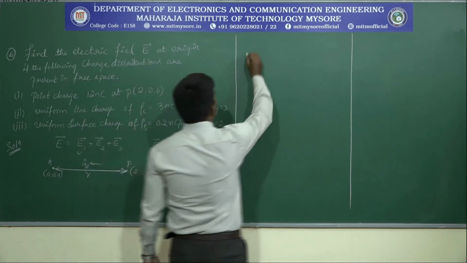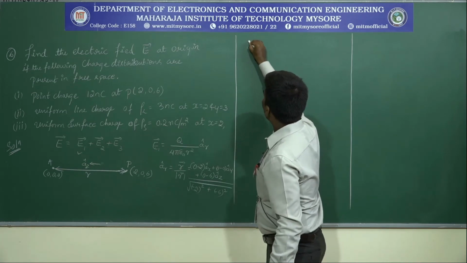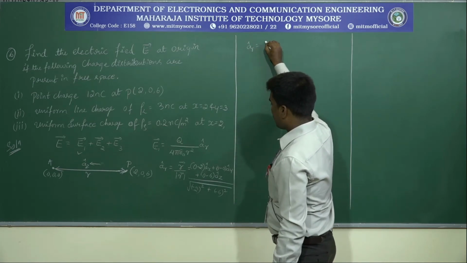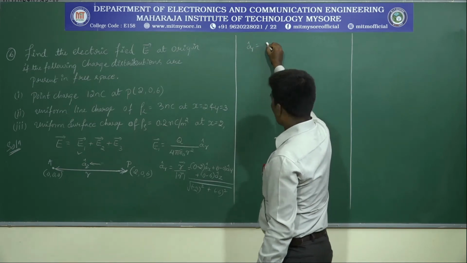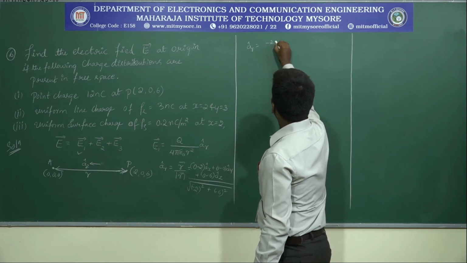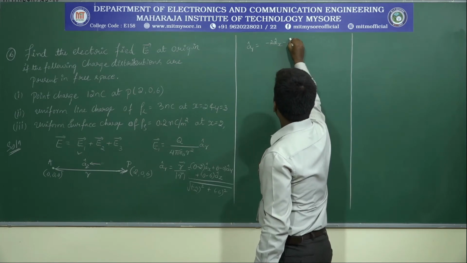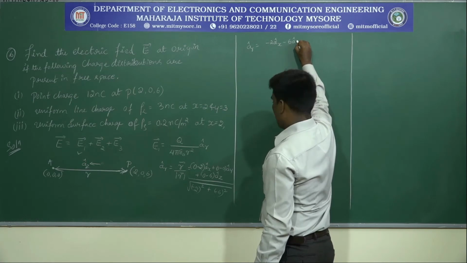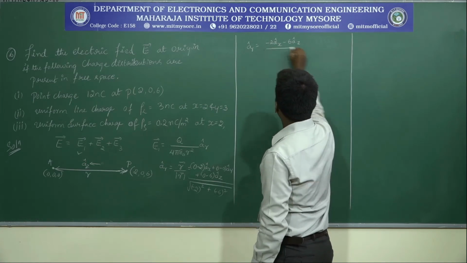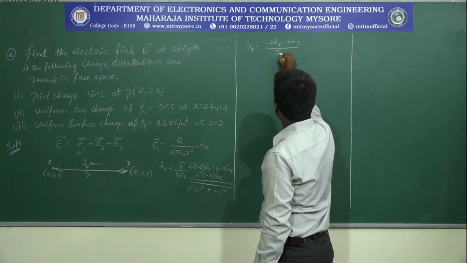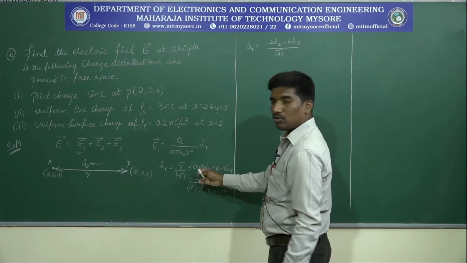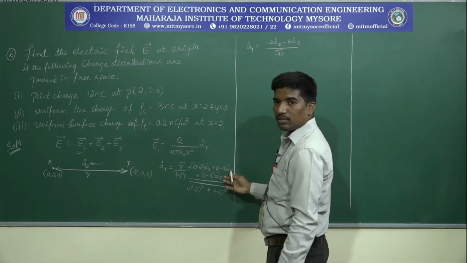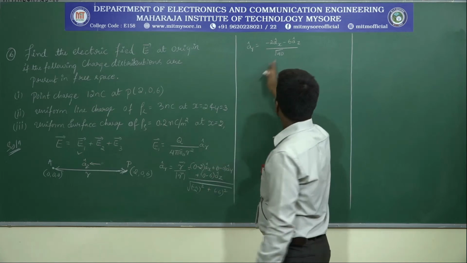So a cap r is equal to minus 2 a cap x minus 6 a cap z divided by square root of 40, because 2 square is 4, 6 square is 36, and 36 plus 4 gives square root of 40.